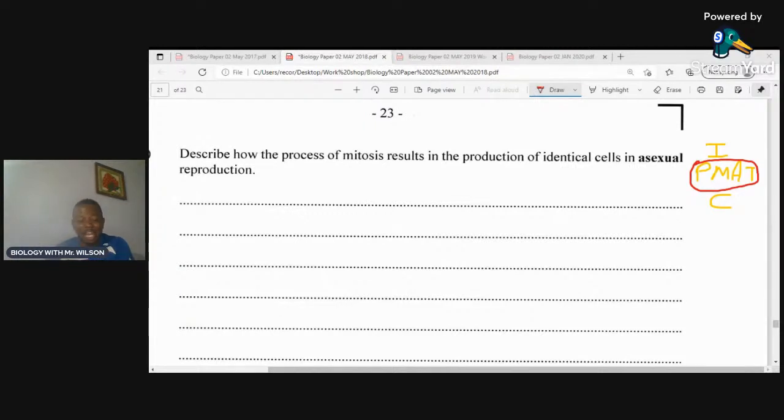So the process starts with prophase, where two chromatids are formed from the chromosome. I'm giving you just a condensed form of what it is. Now the process continues from prophase into metaphase, where, as I said earlier, the chromosomes are lined up along the center of the cell on the spindle fiber, or one might say the middle of the cell.